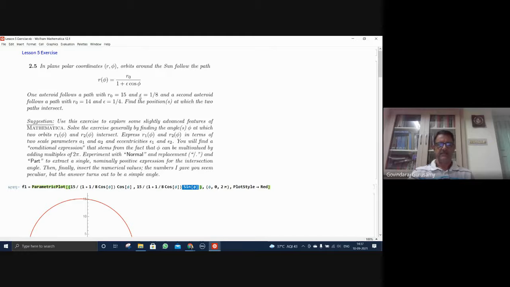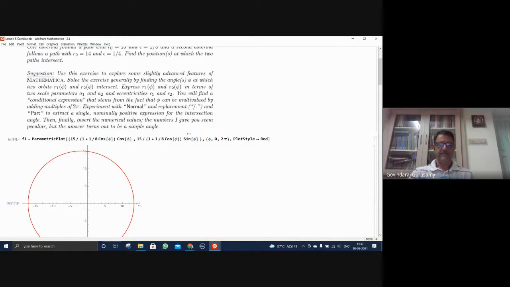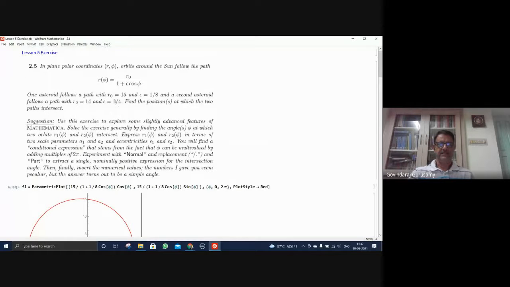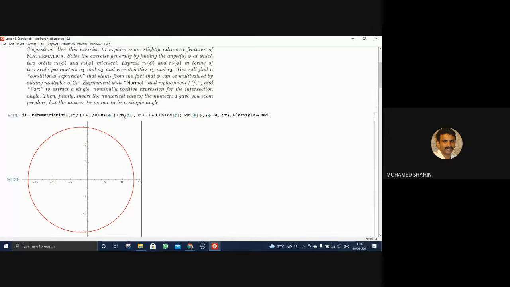That's what the function looks like, the parametric form, with sine component and cosine component. If you make a plot of that, it is going to be a circle, but it is getting shifted by this factor because of the eccentricity and the R0. Are you able to see that? Yes, sir.